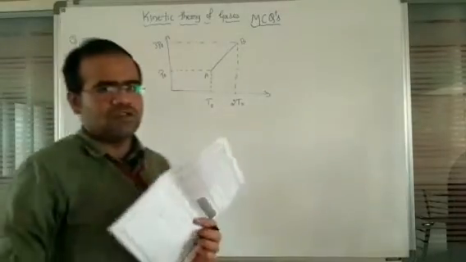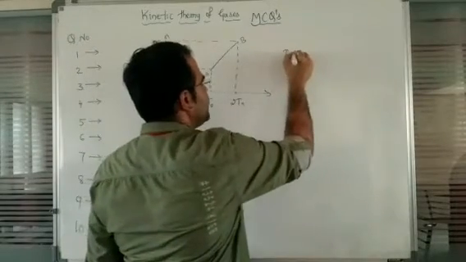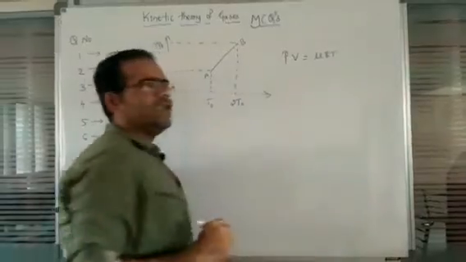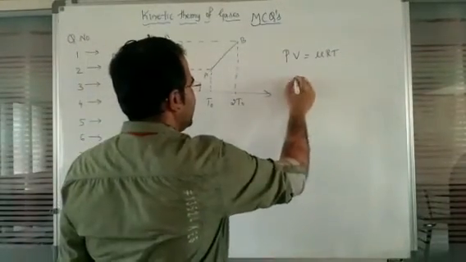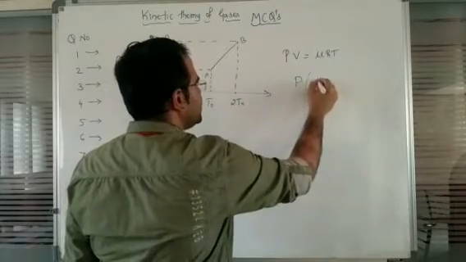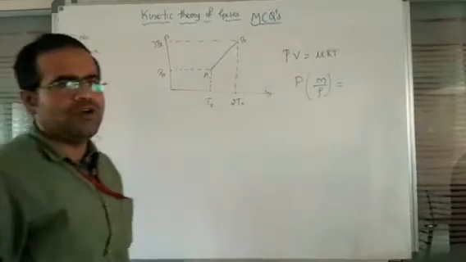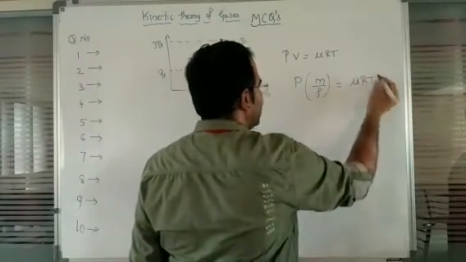According to the ideal gas equation, PV is equal to mu RT. From the given diagrams, volume can be replaced by mass divided by density, which equals mu RT.